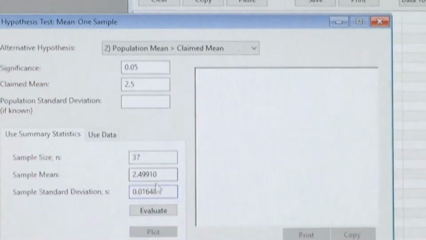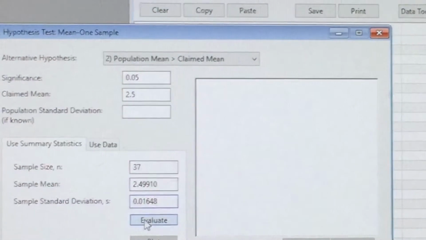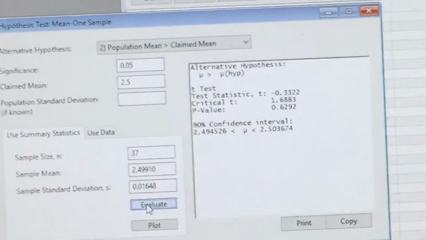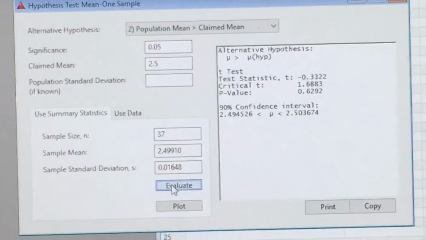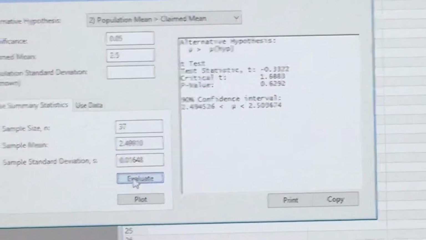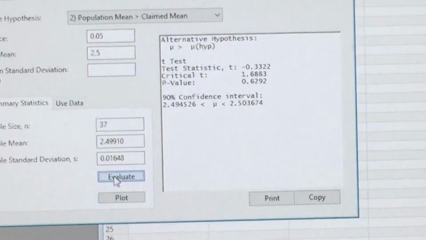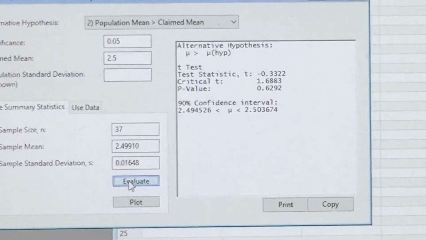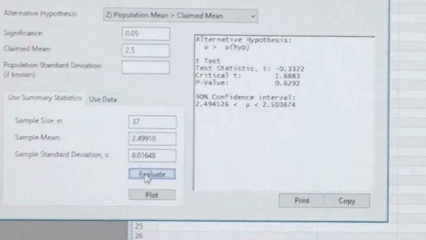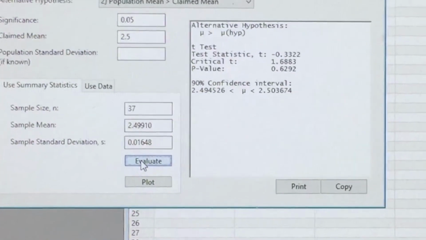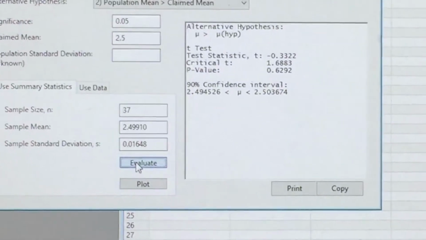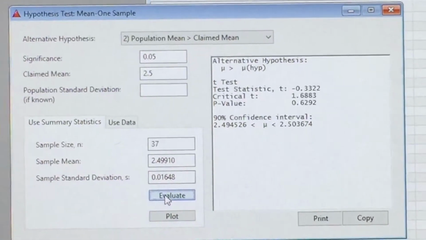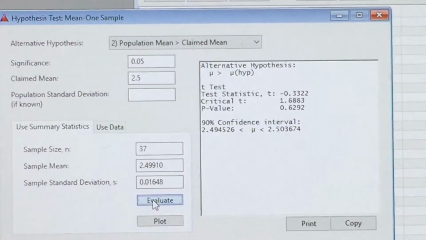We type that in, and then we click on Evaluate. And in this case, it is a t-test. Now here your test statistic is a negative 0.3322. Critical value, since it's a right tail test, is 1.6883. The p-value, of course, is 0.6292. Okay.